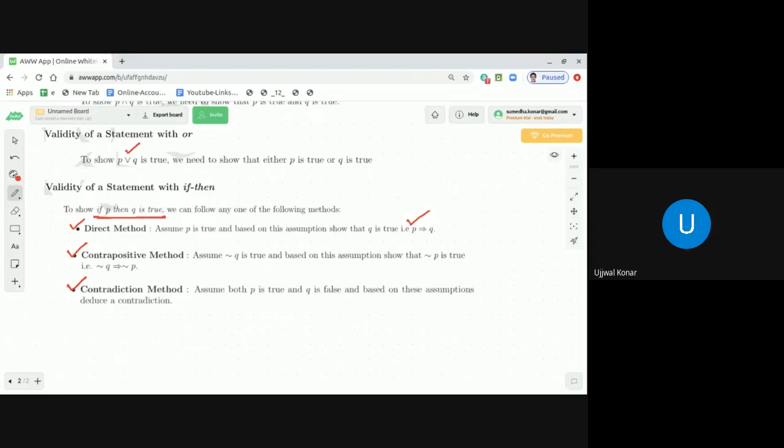That means if P then Q is false. That is our assumption. With this assumption, we deduce a contradiction to the given information. Then you can say that our assumption was wrong, hence it is not true.